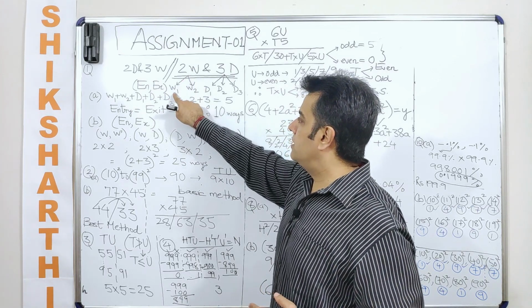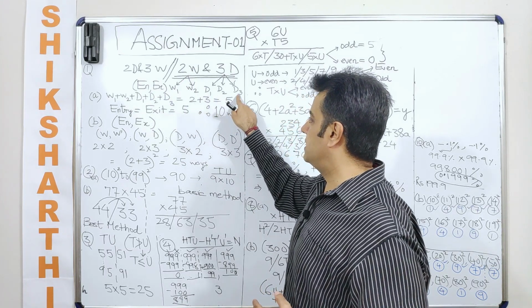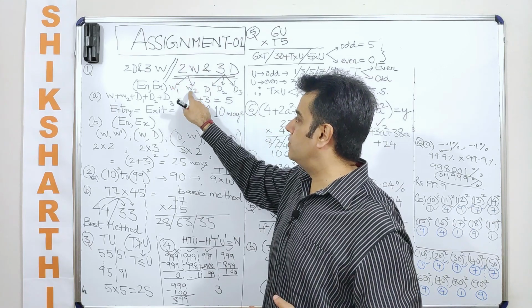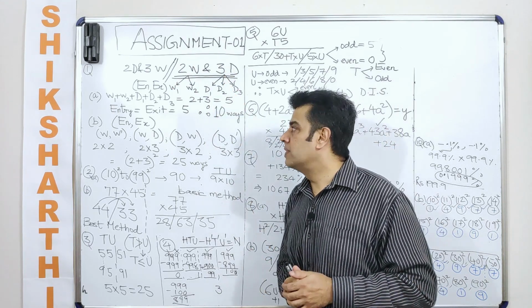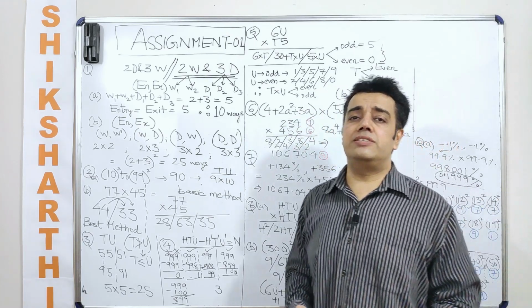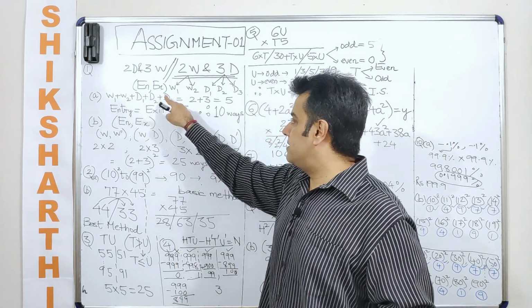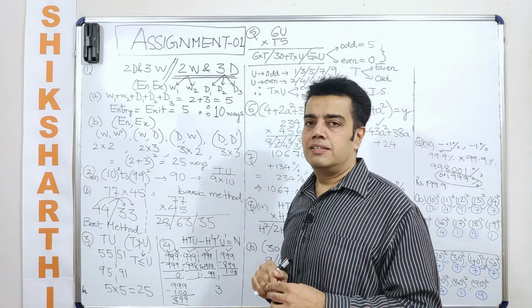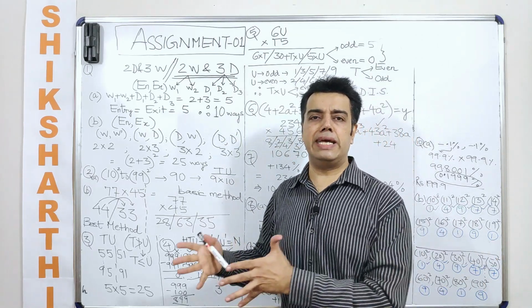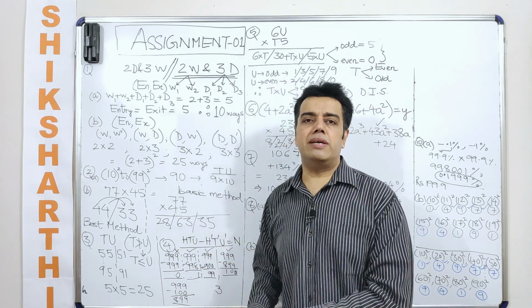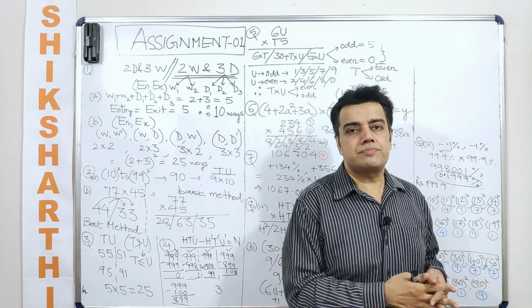I can write down W1, W2, D1, D2, D3. This is symbolic of there being 2 windows, and this is symbolic of there being 3 doors. So I will just add these cases. These cases sum up to 5 cases. So there are 5 ways in which I can enter. And similarly, there are 5 ways in which I can exit.